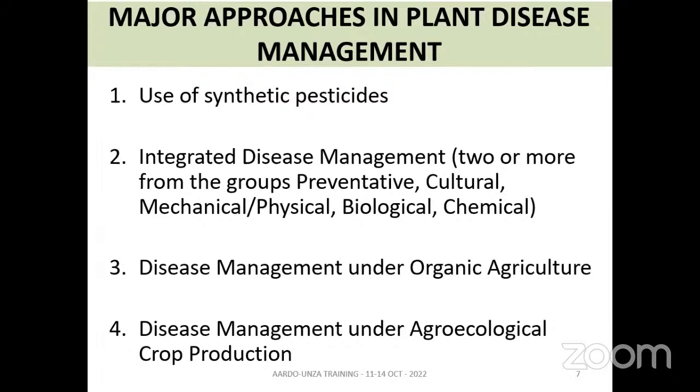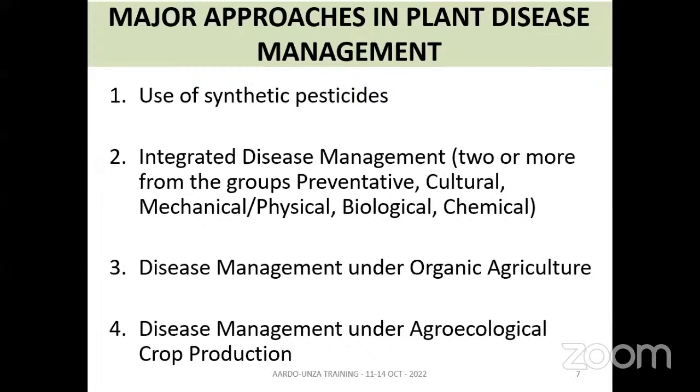Now, there are four major categories or scenarios where plant diseases have been controlled. The first scenario is what I've referred to, the use of synthetic pesticides. Of course, you have fungicides, you have nematicides, and so on. Unfortunately, this is one of the groups that many people like to run to.